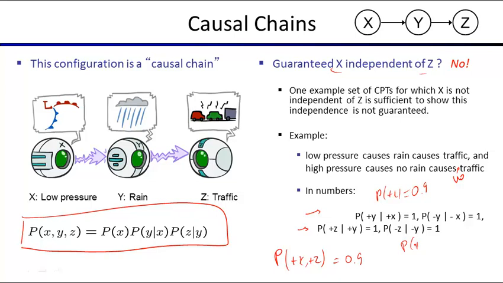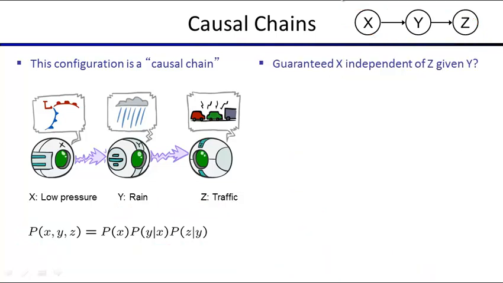Probability of plus x is 0.9. The probability of plus z will happen whenever we have plus x, so that's 0.9. And this is not equal to p of plus x times p of plus z. So we just showed that this conditional independence assertion, x independent of z, is not true generically for graphs of this type.